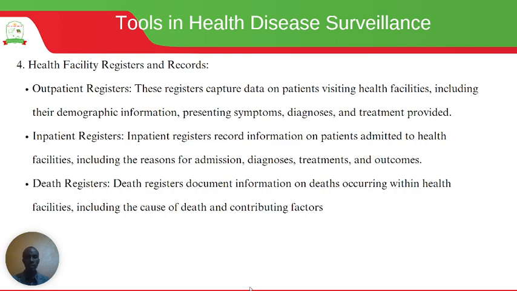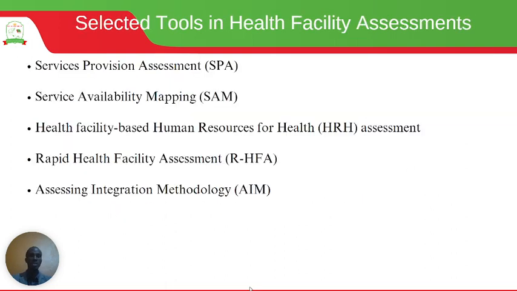You can also expect to be referred if that condition cannot be managed at such a health facility, or sometimes, unfortunately, you can expect to die. So that outcome also has to be recorded. So that brings us to another record, which is the death registers. These death registers document information on deaths occurring within the health facility, including the causes of that death and what could have contributed to the death.